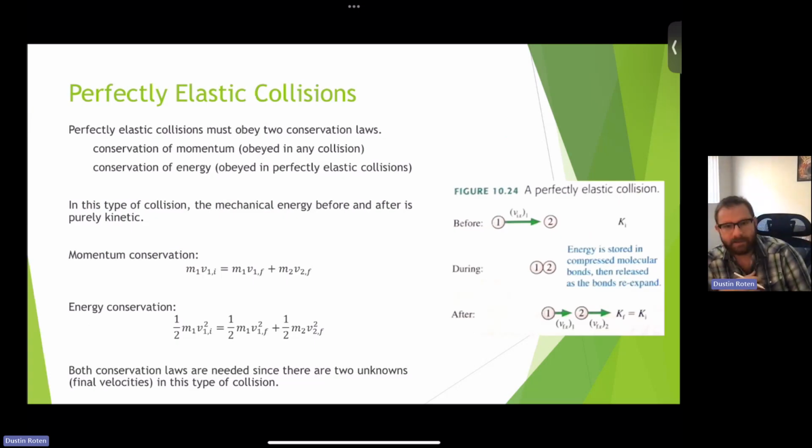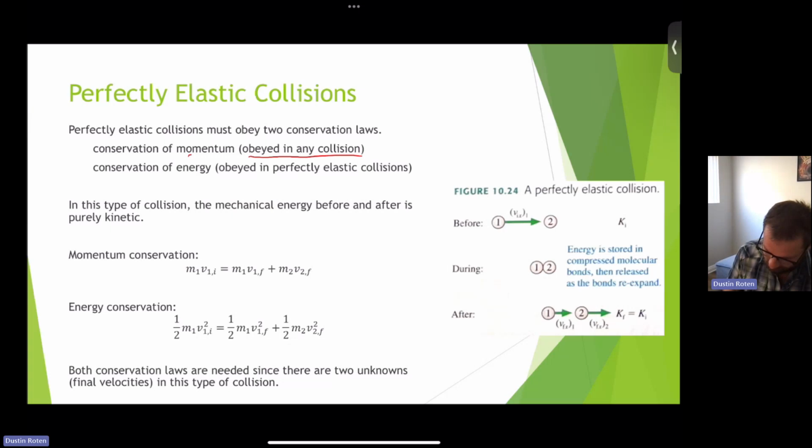So perfectly elastic collisions must obey two laws we've been talking about. Conservation of momentum is one, and conservation of momentum is obeyed in any collision, so this is always going to happen. In perfectly elastic collisions, the conservation of energy is also obeyed.